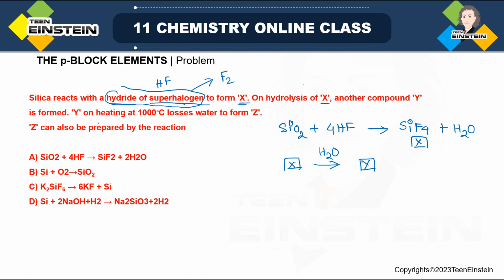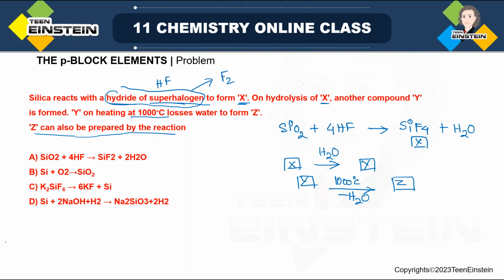And Y on heating at 1000 degree centigrade loses water, minus water, and there is formation of Z. So these are the informations that are given. And in the last sentence it is asking that Z can also be prepared by the reaction. So Z can also be prepared by which reaction? That is actually given in the options.